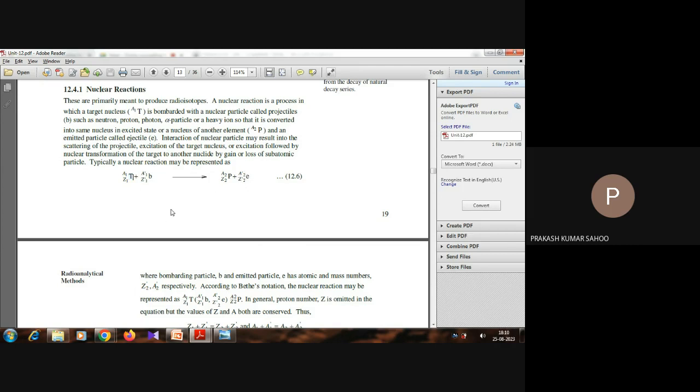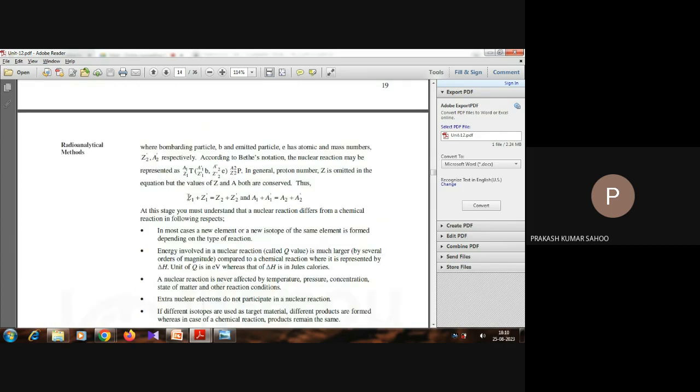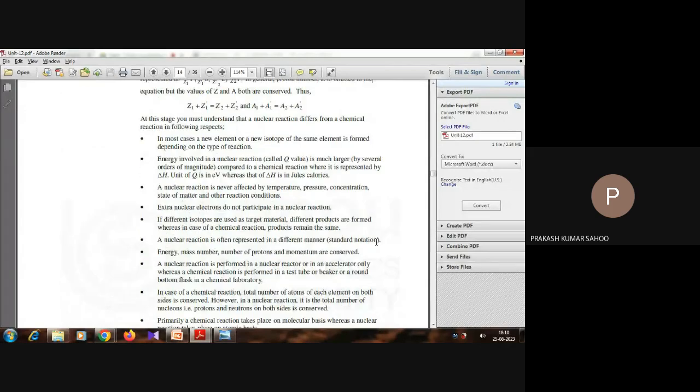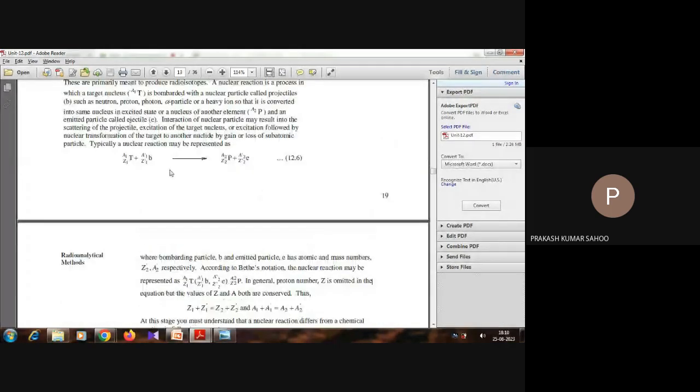And here you should remember that Z1 plus Z1 dash equals Z2 plus Z2 dash, and A1 plus A1 dash equals A2 plus A2 dash. So there is a simple calculation of the number of subatomic or radioactive particles which are produced by this nuclear reaction.